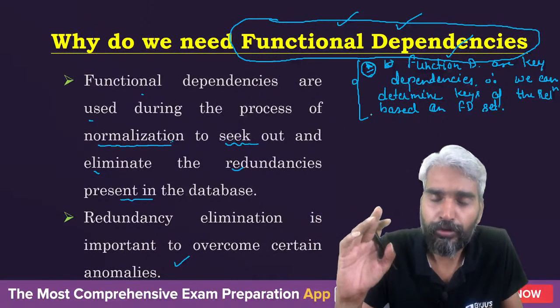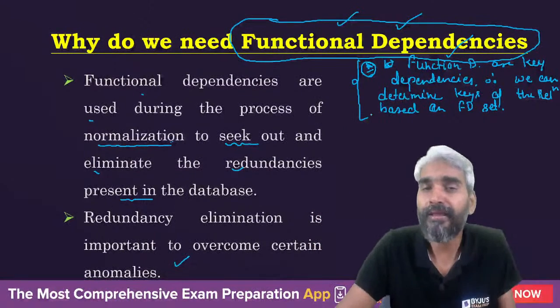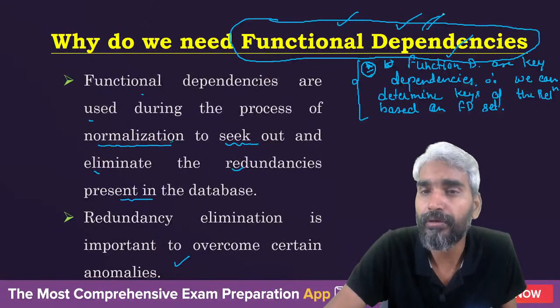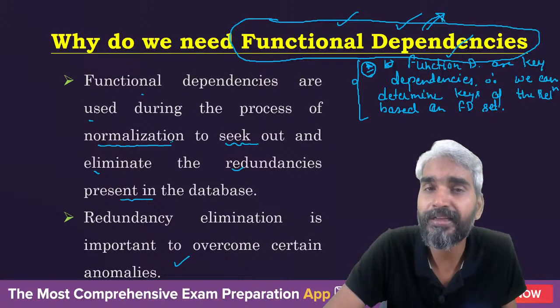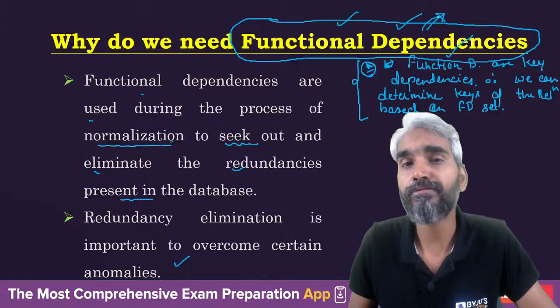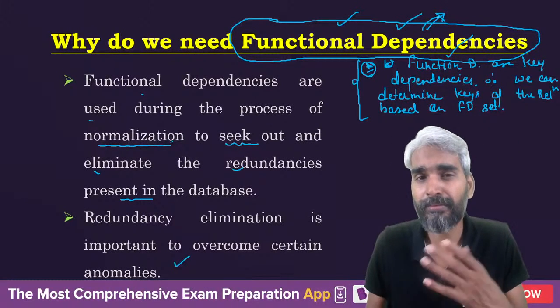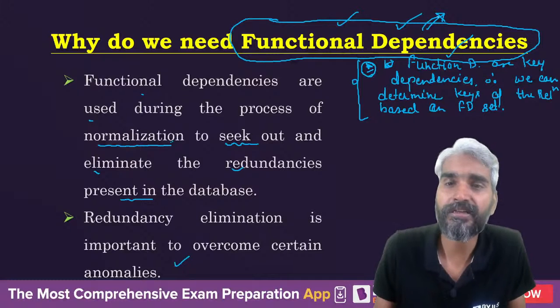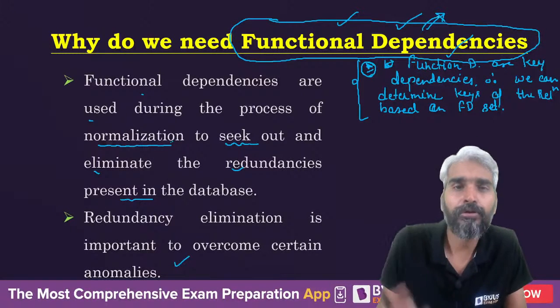The decomposition will be purely based on FDs only. We'll see what are the different types of redundancies which may be present because of different functional dependencies and how do we overcome them.